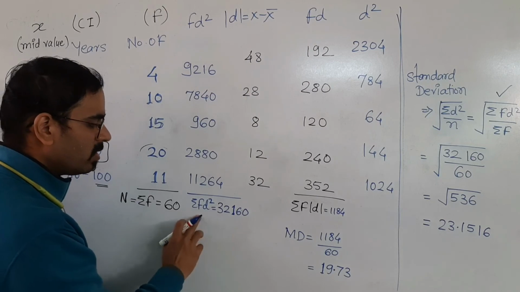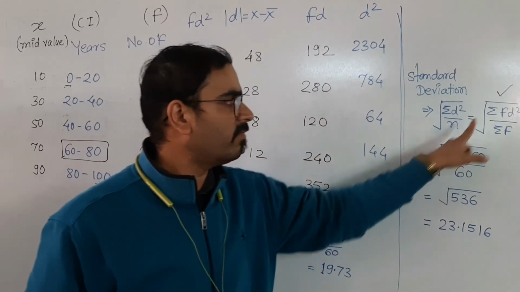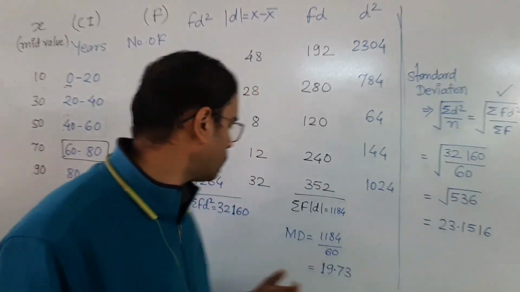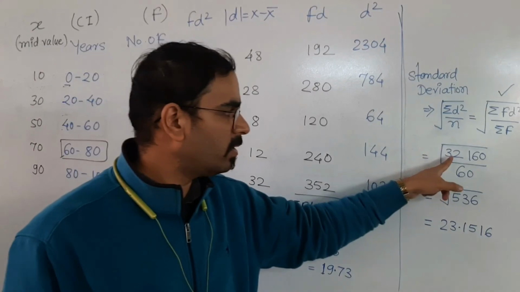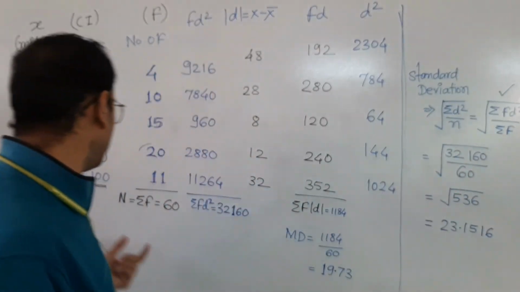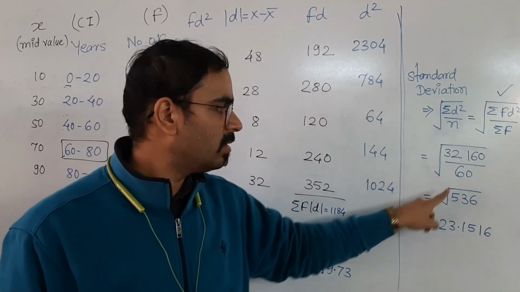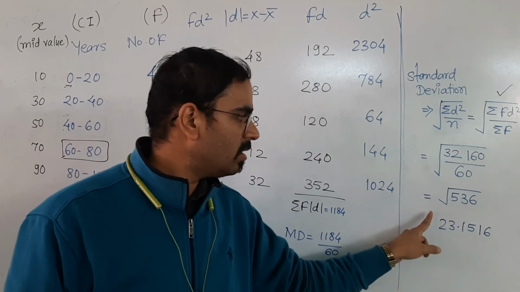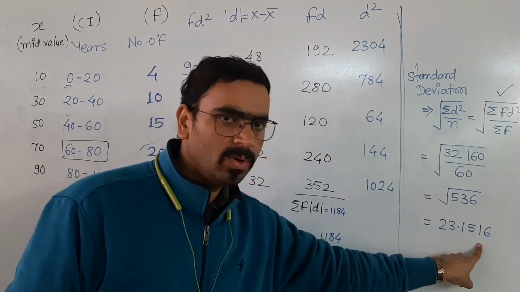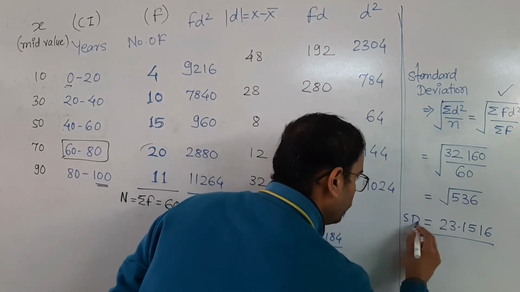So we got the value of summation fd square, and we have just put that value into the formula. Summation fd square is 32160, we have put 32160 under root, and summation f is 60. So we have put the value 60 here. We have done the calculation, we got this term, and square rooting this term, we got the value. So this is the value of standard deviation.